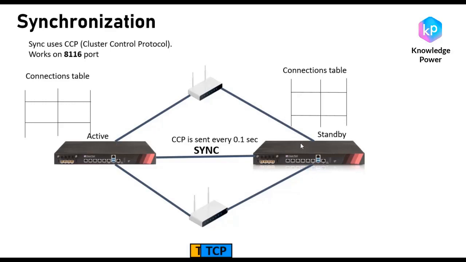We have two types of synchronization. The first type is called full sync. The second one is called delta sync. Full synchronization happens when we have to synchronize the whole connection table from scratch. If one device is active, the second device is standby, and the second device went down and comes back to life, it has to synchronize everything from the active cluster member.